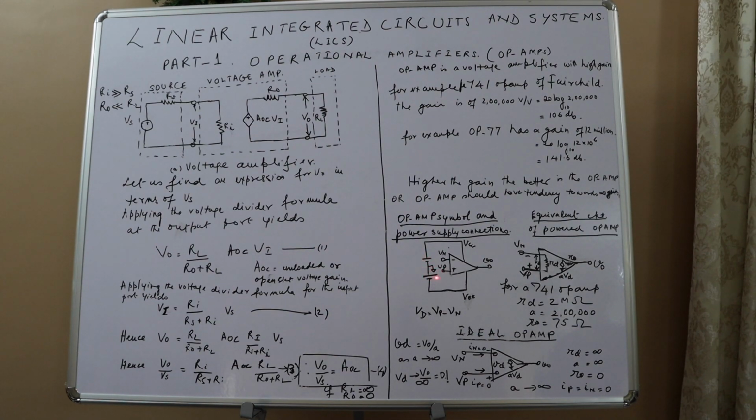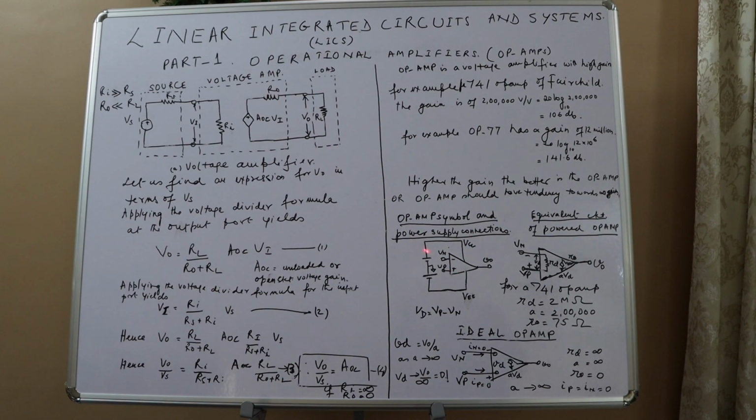It is grounded here. There's positive VCC and negative VEE. And this is the output voltage V0. This is the inverting input, the inverting voltage at the input, and this is the non-inverting voltage at the non-inverting input.